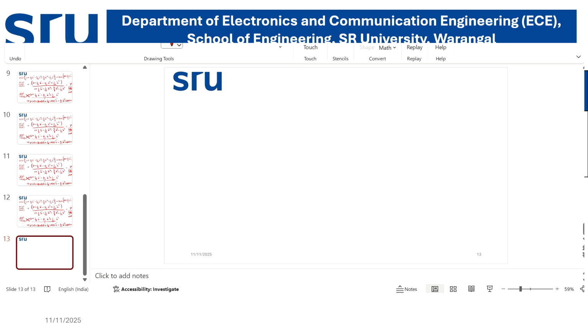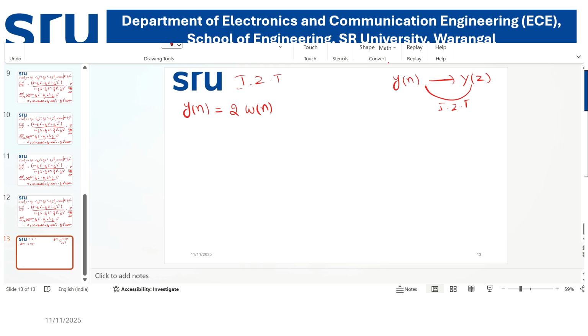Now apply the inverse z transformation on both sides. Generally, for y(n), if we apply the Z transformation, we will get Y(z). Now, if you are applying the inverse Z transformation on Y(z), it becomes again y(n). In the same way, y(n) is equal to 2 into W(z) becomes w(n).